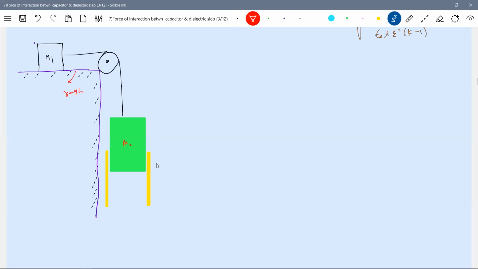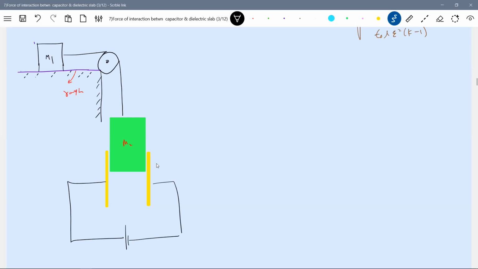The slab has mass M2, and I'm going to connect it to a cell. This is D, the separation. The length of slab between the plates is L by 4. It's a square plate, so area A equals L square. Now the system is in equilibrium.